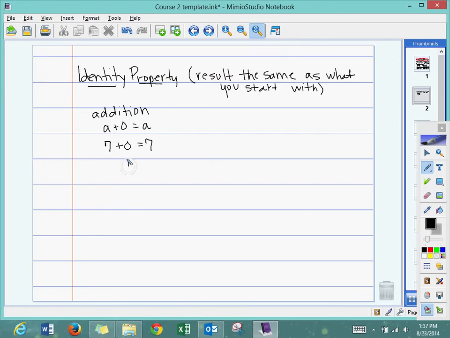The number 0 in this case is called the additive identity. That means that's the number that I can add to another number and get that original number back. So if I add 0 to anything, I'm always going to get whatever that other thing is as my result.